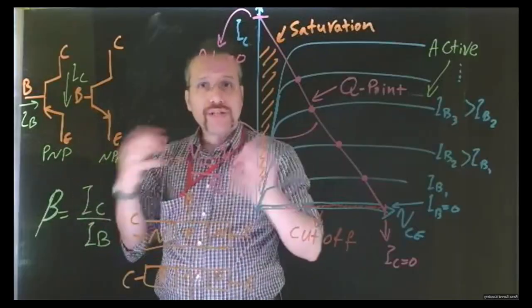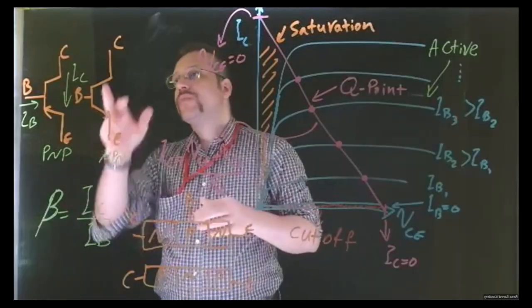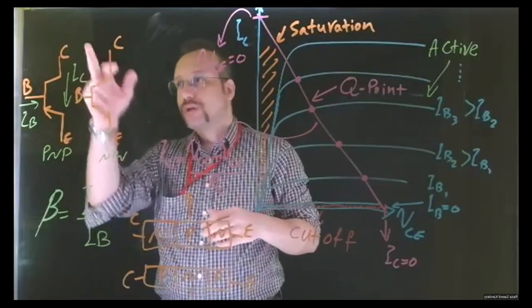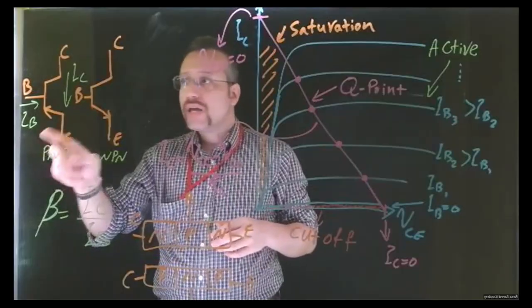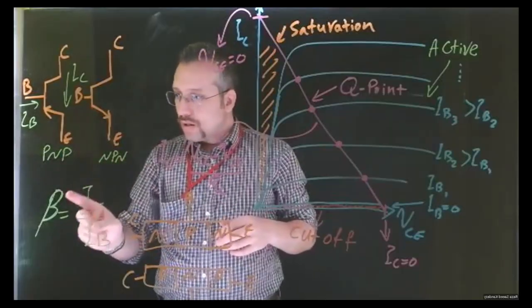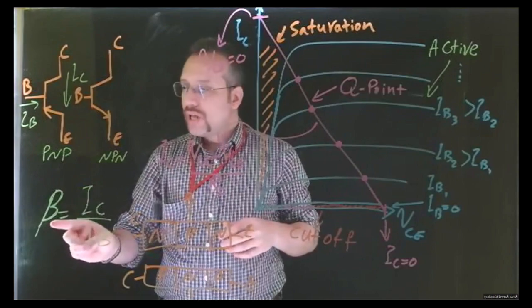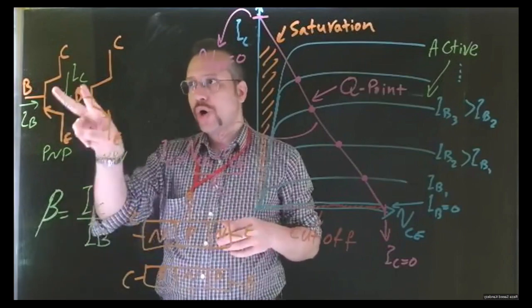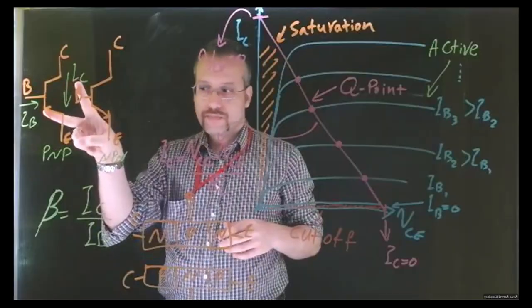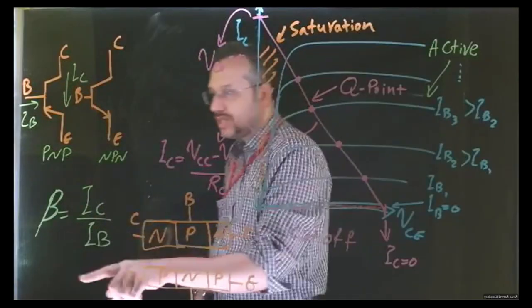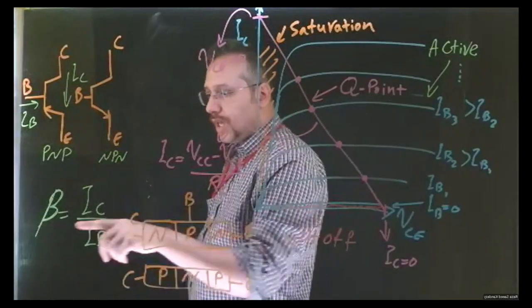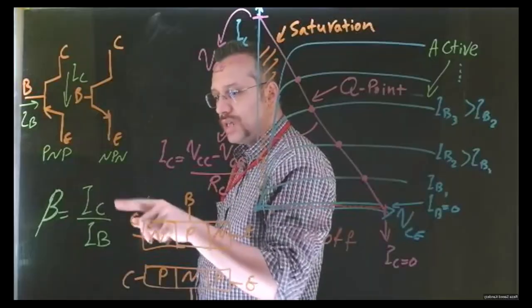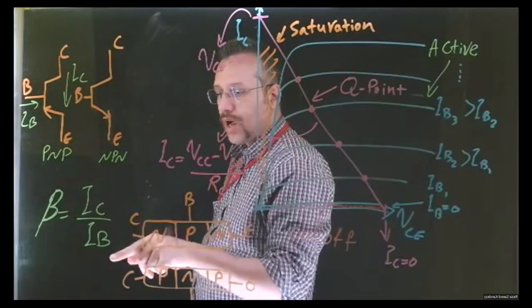Now, what is the relation between the collector current, IC, and the base current, IB? It is a constant we name beta, so they are proportional to each other. Beta, which is the gain between IB and IC, is equal to the collector current IC divided by the base current IB.